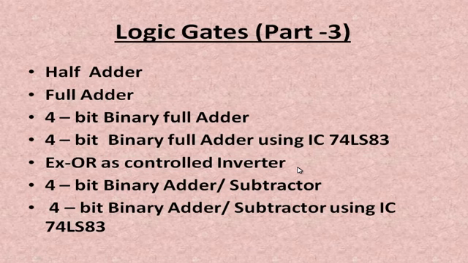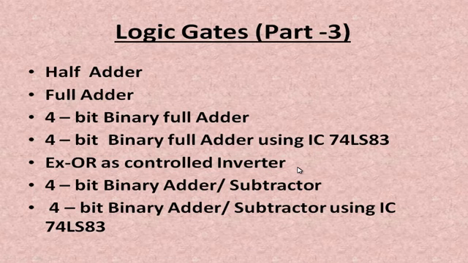This 4-bit binary addition and subtraction can also be fabricated on the single IC chip 74LS83. So we can use IC 74LS83 for addition as well as subtraction. This is a very important IC that you have to use in the practical.